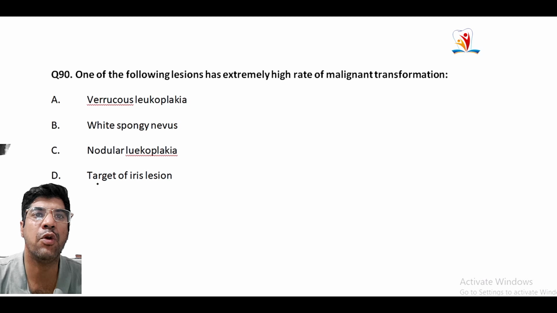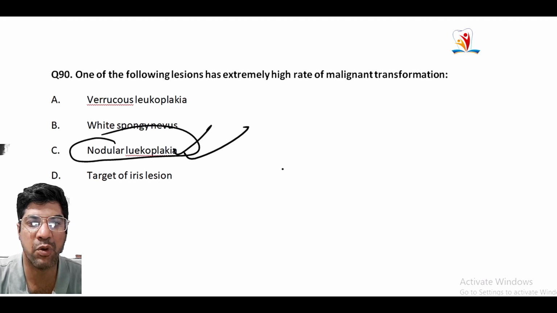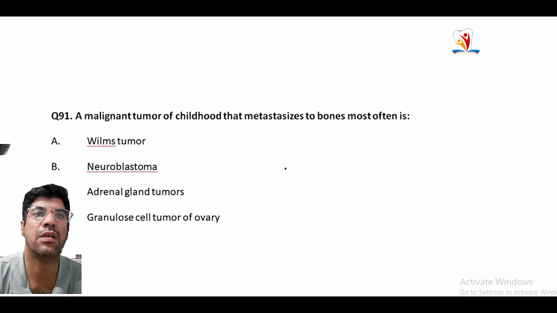It's the nodular leukoplakia. Here you will see nodules, raised areas on the mucosal surface, and it is associated with a particularly high risk of progressing to squamous cell carcinoma.